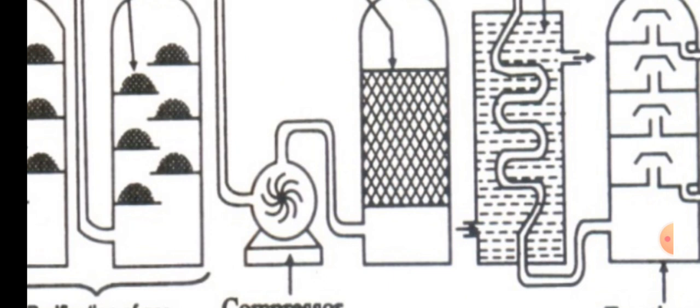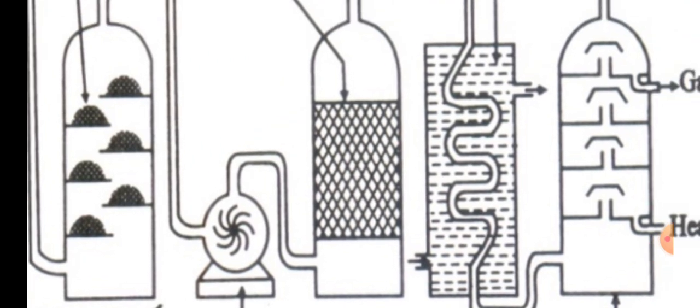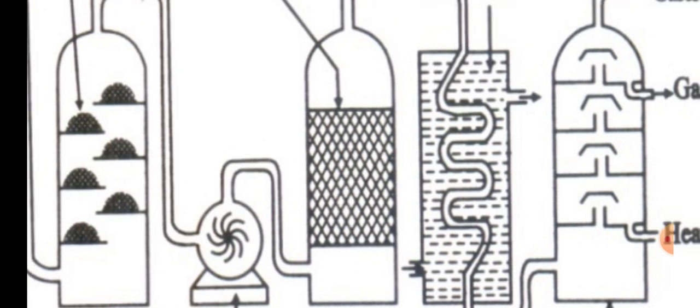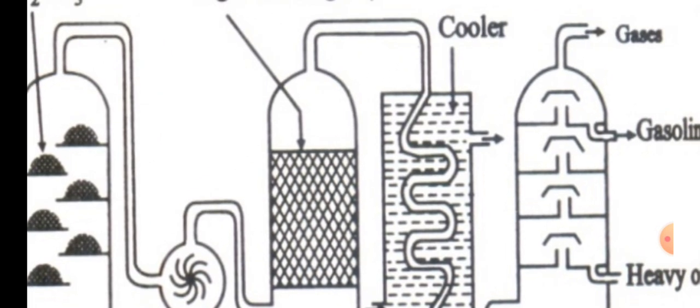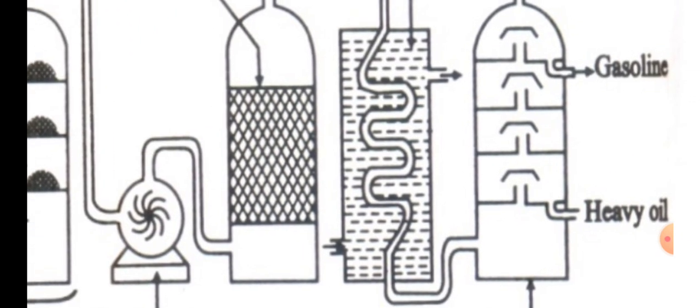In this converter, the coal is converted and hydrocarbon is added to the coal, and this will be converted into a gaseous fuel. It enters the next column, the cooler or condenser, where the gaseous fuel is condensed to a liquid fuel. Normal water is taken in the cooler.